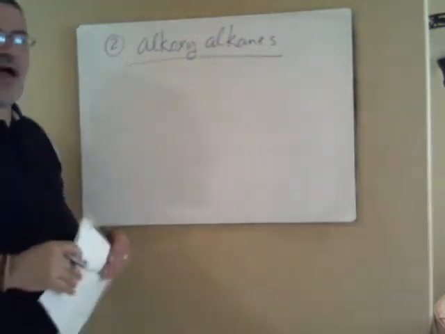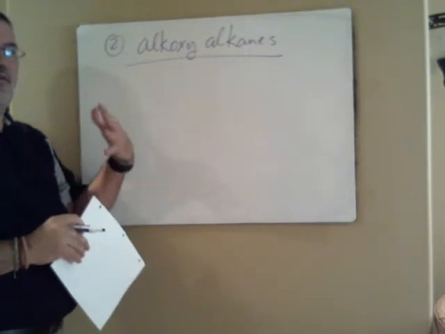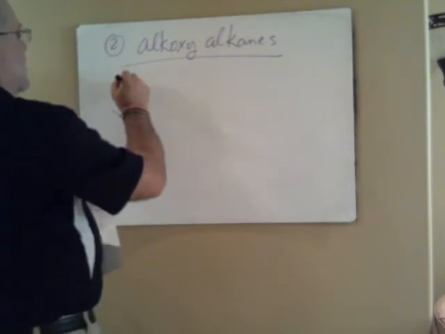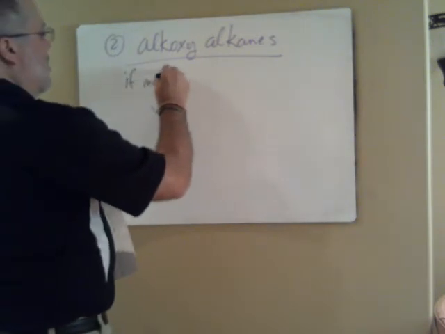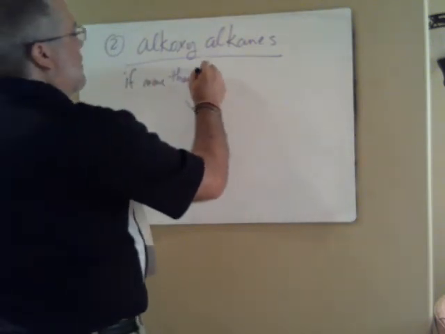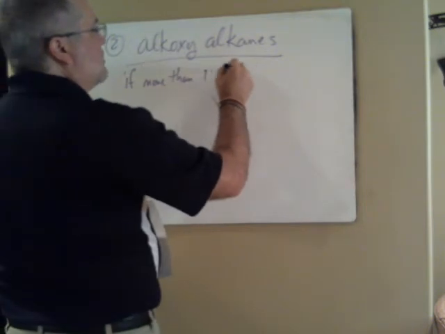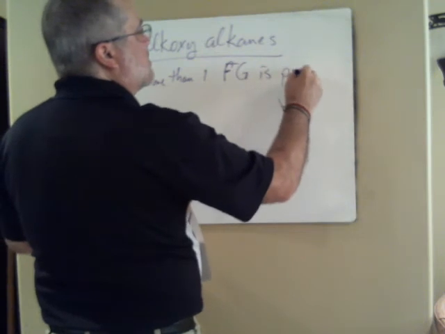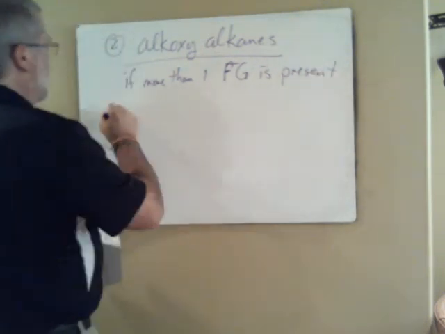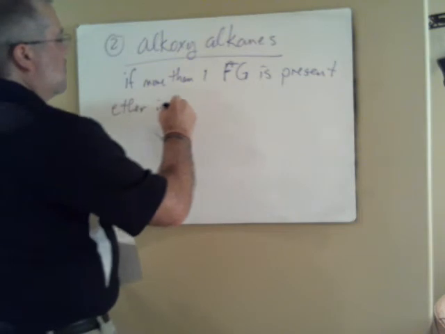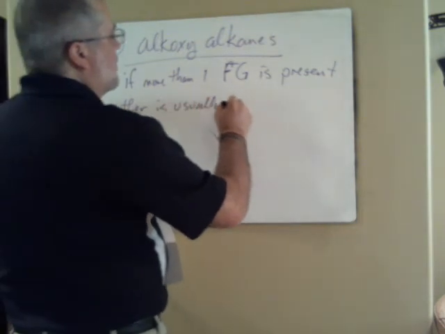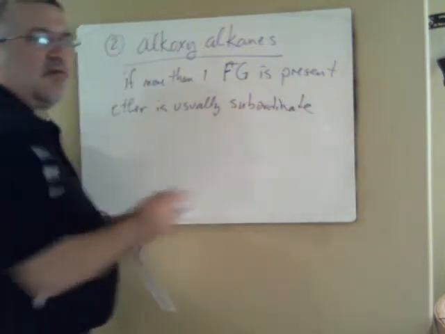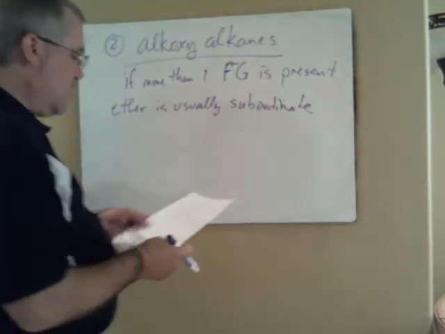And so your ether linkage is going to basically be now a substituent name, is all this means. So, if more than one functional group is present, ether is usually subordinate. And you name it with the other functional group being the parent.